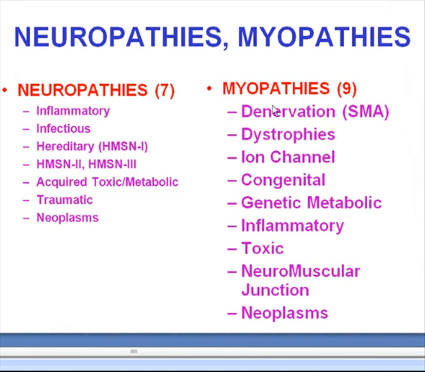Primary skeletal muscle neoplasms. And I know what you're thinking. You're thinking, well, if Dr. Minarsik just told us that skeletal muscle cells don't multiply, how can you have a neoplasm, stupid? Well, the answer is that the neoplasms of the skeletal muscle are not from mature cells.